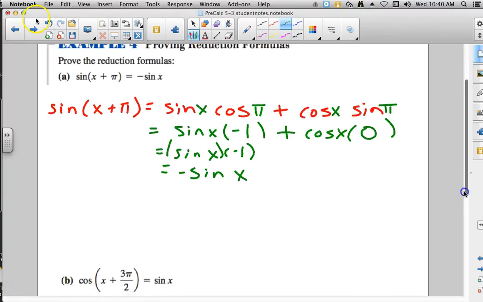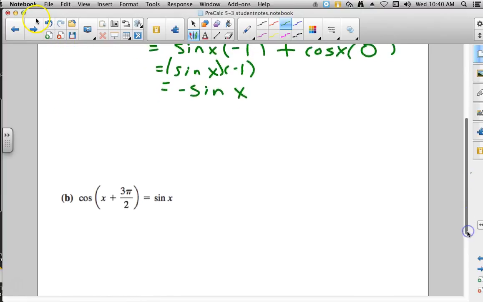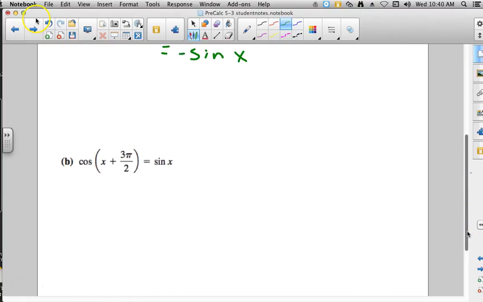Well, this was complicated. Cosine of x plus 3 pi over 2, and then you realize 3 pi over 2, that's a quadrantal angle. This is going to be nice. So cosine of x plus 3 pi over 2. The pattern is cosine, cosine, sine, sine.